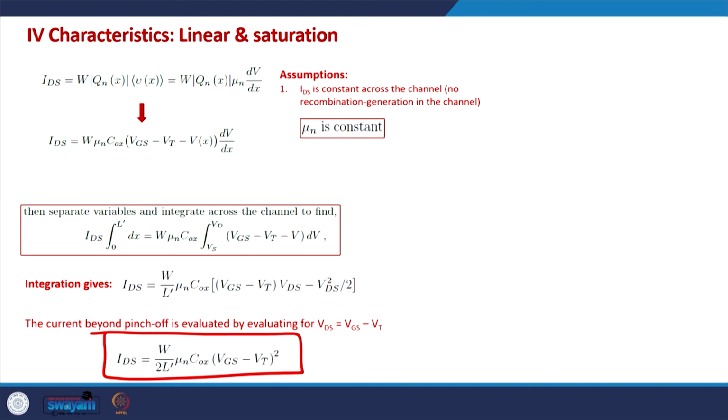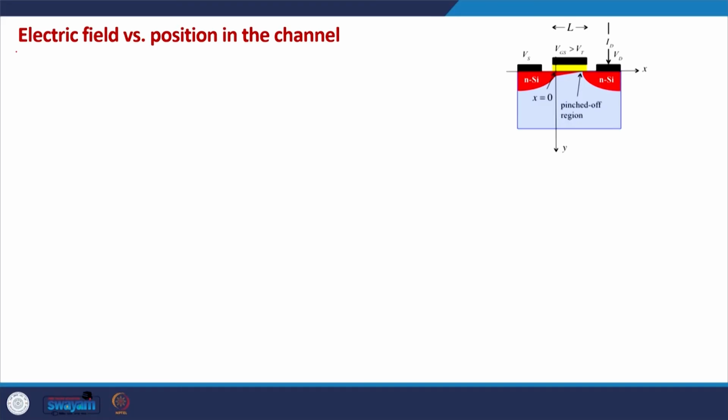In the previous slide we considered the extreme case. We derived the current when we take the linear regime or the saturation regime. Now, there is another important analysis that we need to do, that is the electric field versus position in the channel, electric field as a function of the position in the channel.